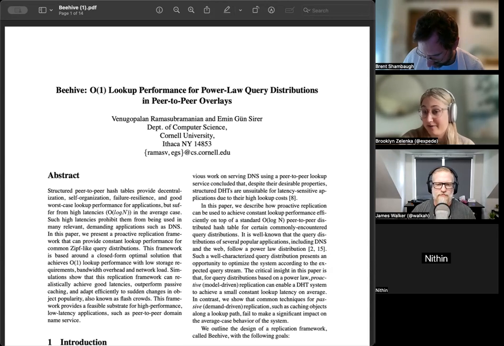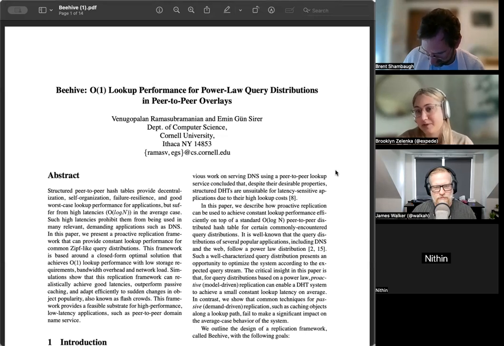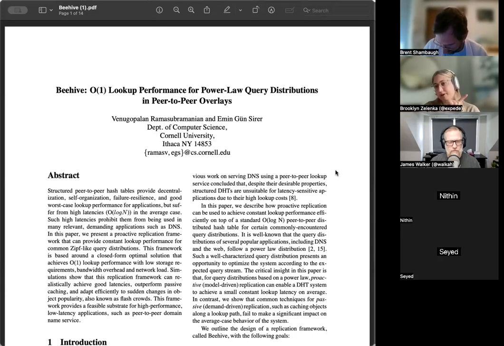Not to say anything even about availability, but just latency. And while we have lots and lots of headroom still for bandwidth, latency is bounded by the speed of light, right? So if you're doing lots of back and forths or lots of hops, that's going to kill your performance. And all of the major DHTs that we have today work basically on this principle that James described.